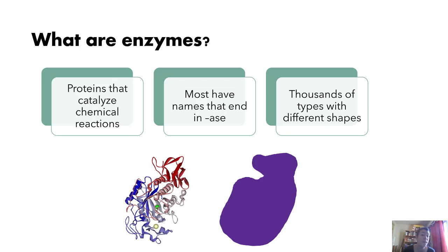Even longer names like DNA polymerase is an enzyme that builds DNA into a larger molecule called a polymer. Each enzyme is going to have a unique shape, and it's going to catalyze one particular kind of chemical reaction. You have around 1,300 enzymes in your own body as a human, and there are many other kinds of enzymes in other species as well, each with its own unique shape.